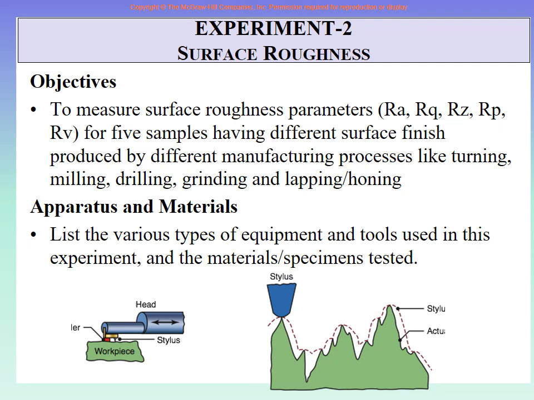In the apparatus and materials, of course, there will be a portable type of surface roughness measurement device, which you will see in the video. So list the various types of equipment and tools used in this experiment and the materials specimens that we just described, right? So list all of them and what are they and so on.